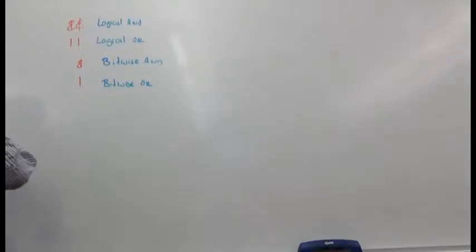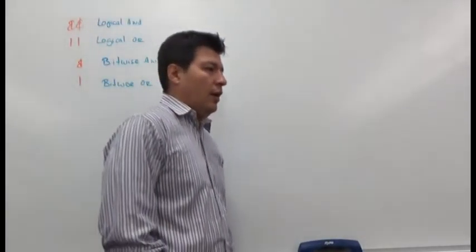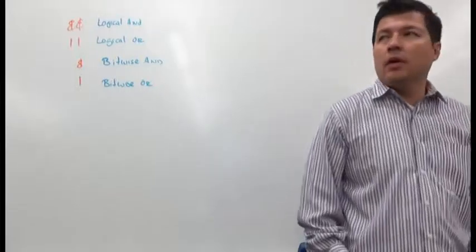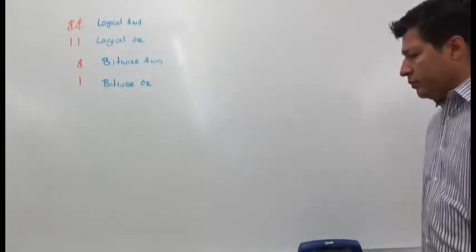Well, basically, it goes bit by bit, comparing two bits. If the two bits are 1, then the resultant bit is 1. If you're doing OR, as long as one of the two bits is 1, then the outcome bit is 1.